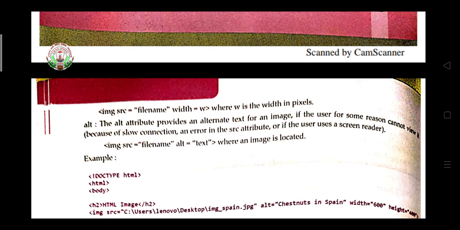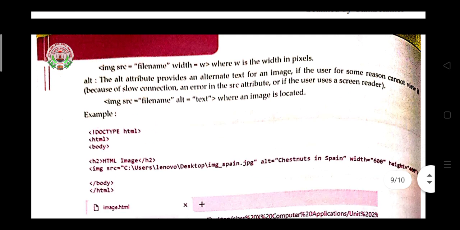So at this time, if you have given any alt message, that message will display on the screen. img src file name and alt equal to text is given here. There, in the text, you can write any message you want to give.